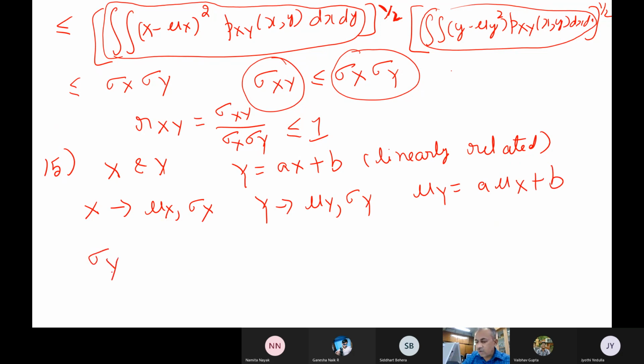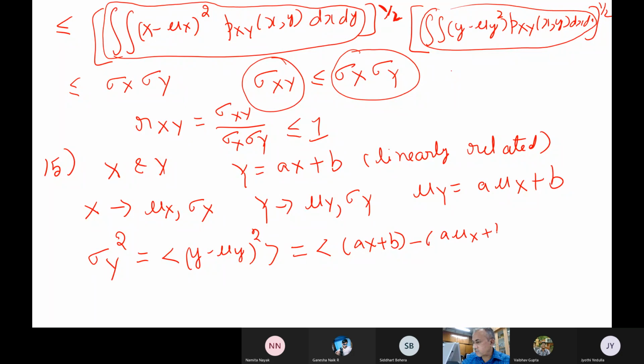Now sigma_y square, you can easily find out. It is the expectation of (y minus mu_y) whole square. If you substitute, y is ax plus b, minus (a mu_x plus b), this entire thing whole square.